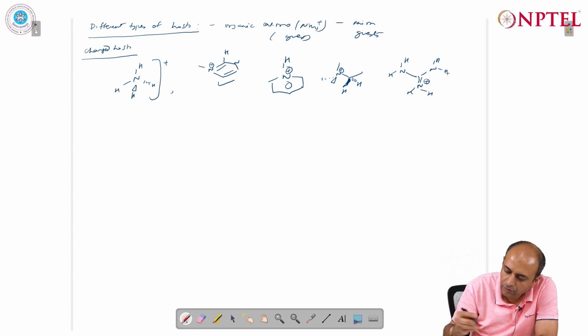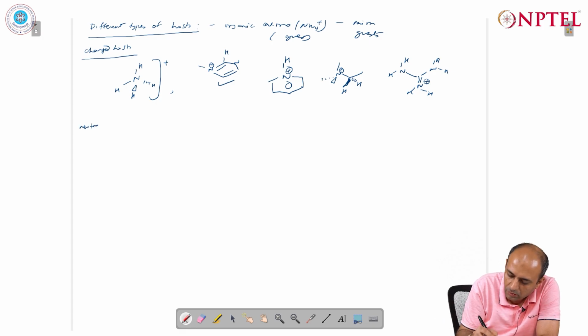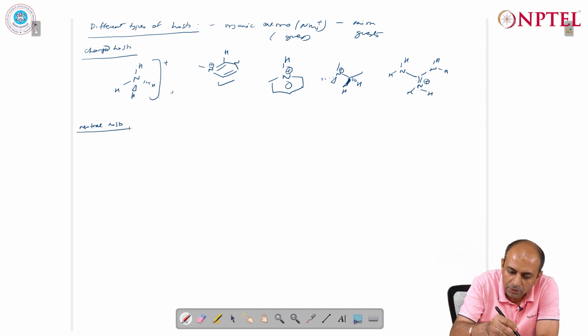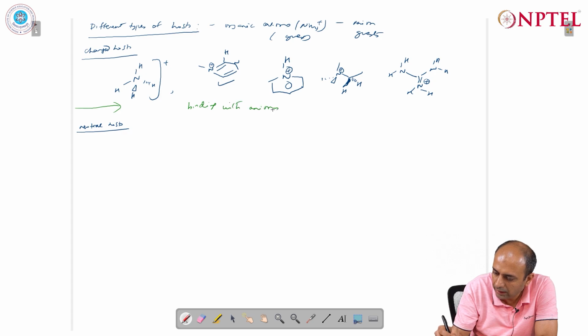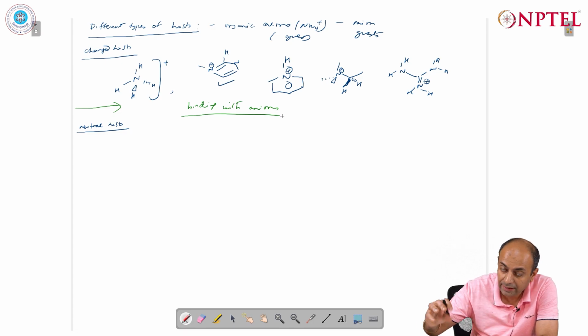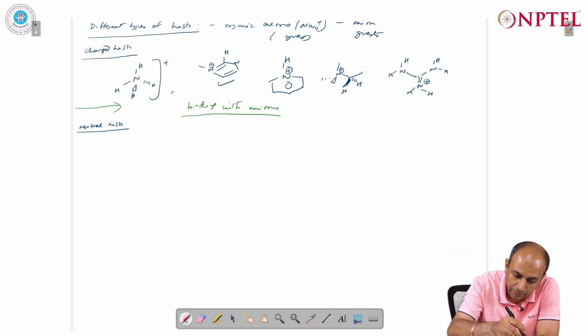We can now have neutral hosts. So all the species mentioned here can function as good hosts for binding with anions, and if they are present separately, these organic cations can also bind with neutral hosts.